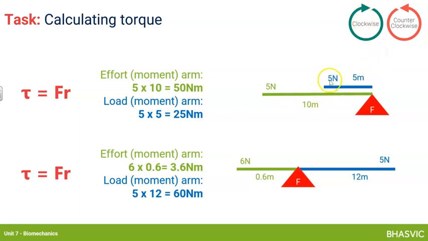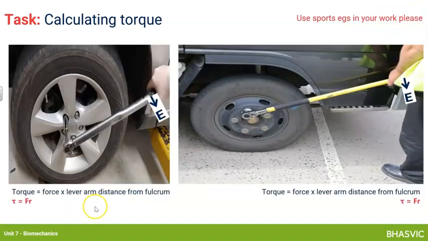So it could be that the load arm is going counterclockwise, i.e. downwards, and the effort arm is being applied upwards, so you're pulling up on this lever arm, which means there would be clockwise rotation because the effort arm is bigger than the load arm. So typically speaking, torque should have a direction allocated to it. Just to give you other examples, although they're not sports examples, it's an applied example just to help you understand the principle here.